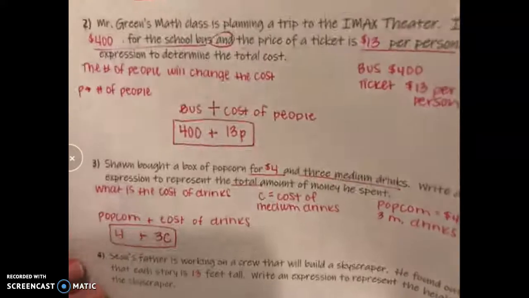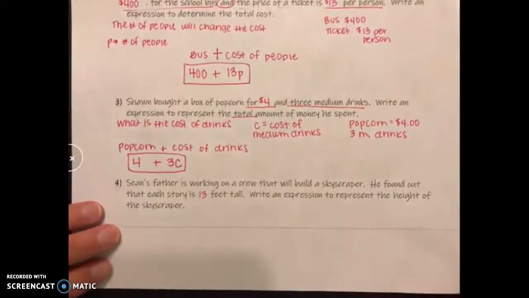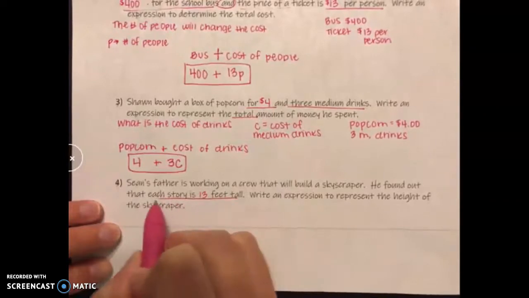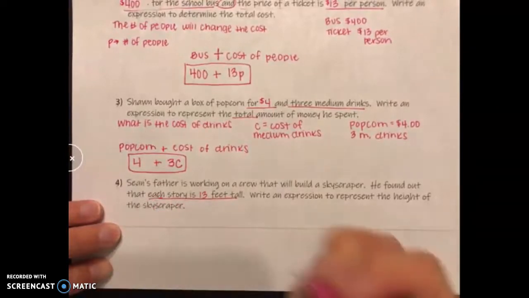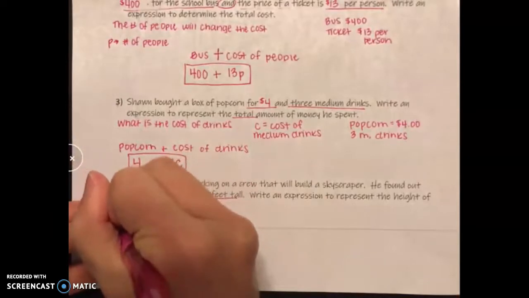All right, number 4. So Sean's father is working on a crew that will build a skyscraper. He found out that each story is 13 feet tall. So we're going to write an expression to represent the height of the skyscraper. Now, we know that each story is 13 feet tall, but do we know how many stories there are? Nope. So we don't know how many stories there are, so we're going to use S and make sure it looks like an S and not a 5.